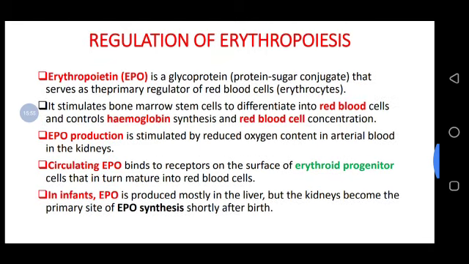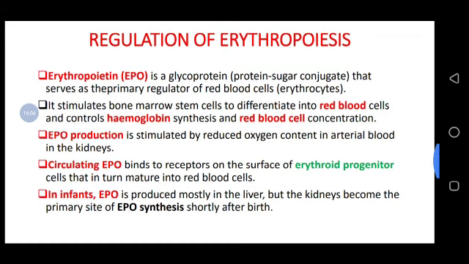That's why if someone is having anemia, please don't forget to assess the kidney. So erythropoietin, the glycoprotein, a protein conjugate, serves as the primary regulator of red blood cells or erythrocytes.